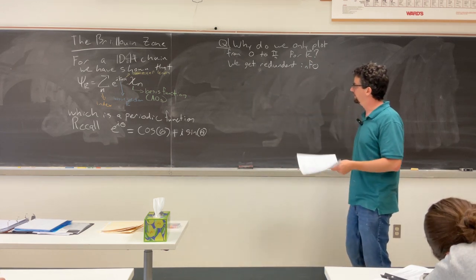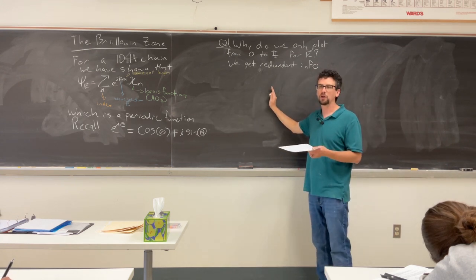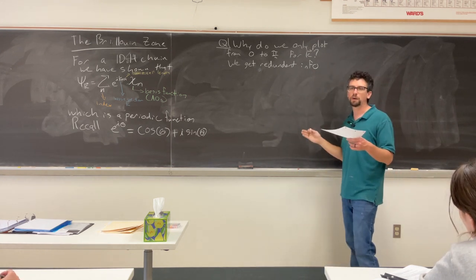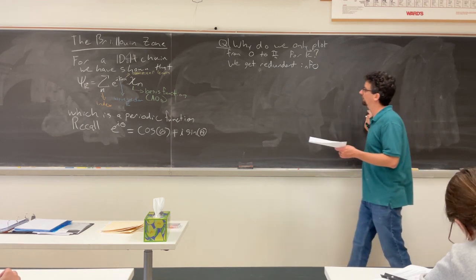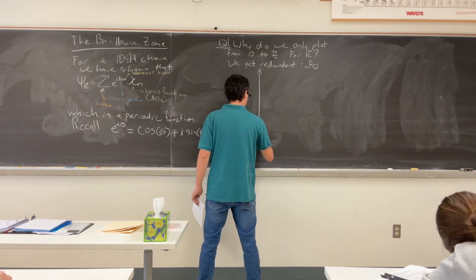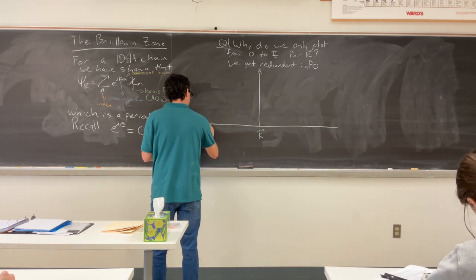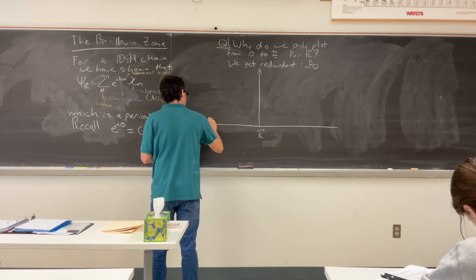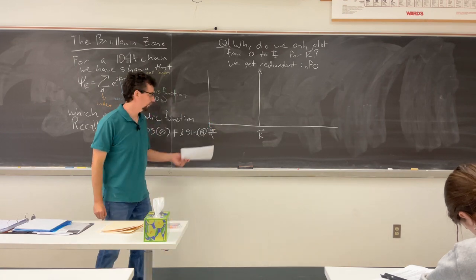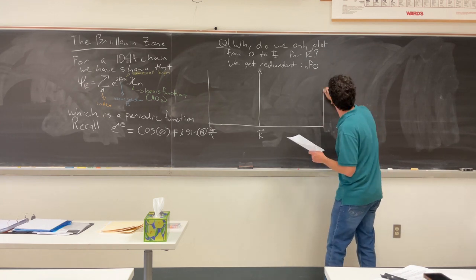So what we're going to do now is make a plot where we have k along here, energy along here, and we look at it from a range of -2π/a to +2π/a. So here is 0 for k. I want this to look more symmetrical, so that'll do a bit better.